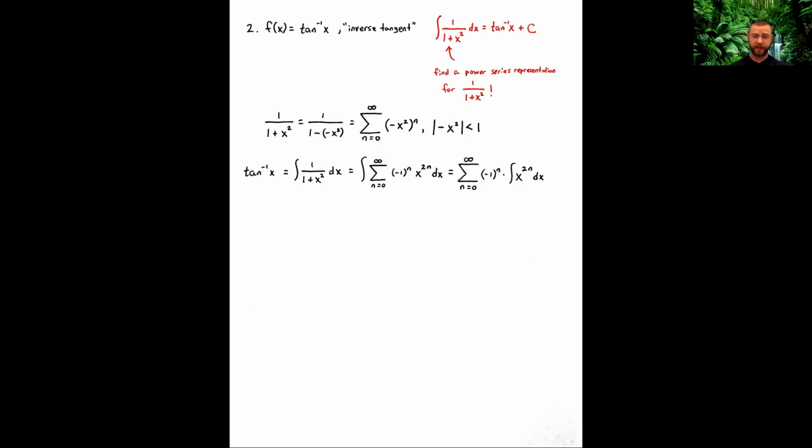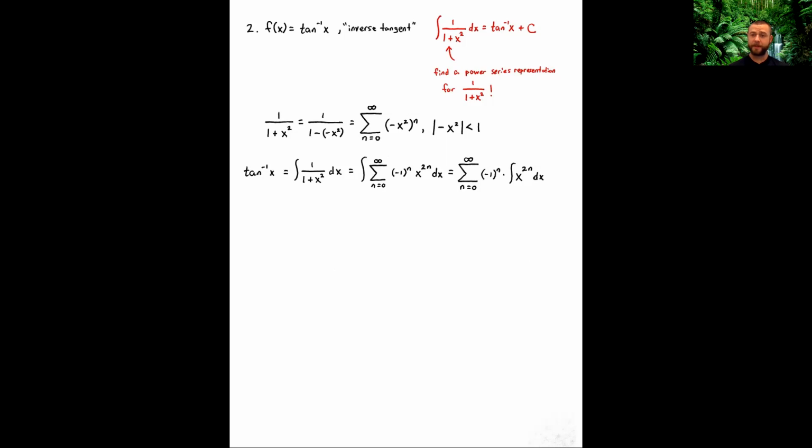It's a little trickier here. Notice in the power series representation for the geometric series, we have negative x squared, and then in parentheses, all raised to the nth power. You have an outer and inner power. You multiply there. So we get as the exponent of base x, 2n.